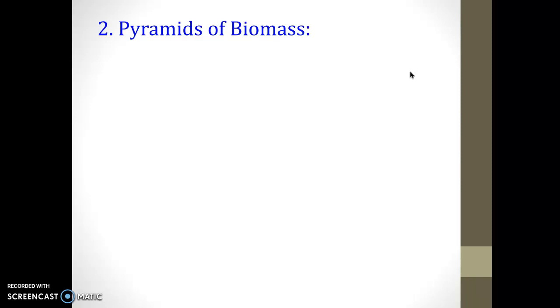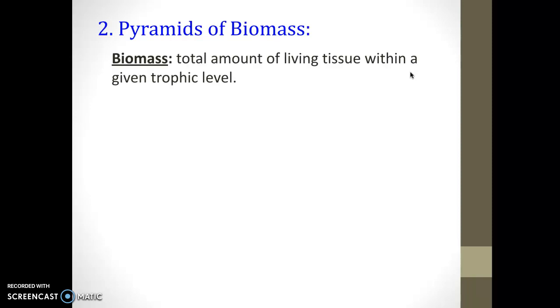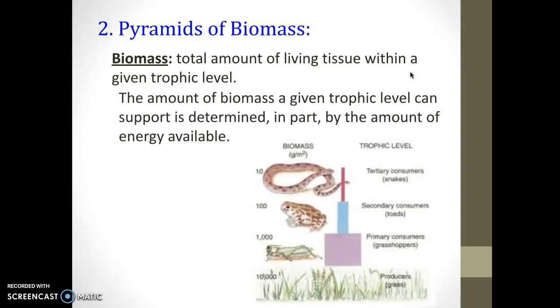But the second example of ecological pyramids is a pyramid of biomass. Biomass is the total amount of living tissue within a given trophic level. And this can vary quite a bit, because each trophic level and the amount of biomass it can support is determined in part by the amount of energy available.